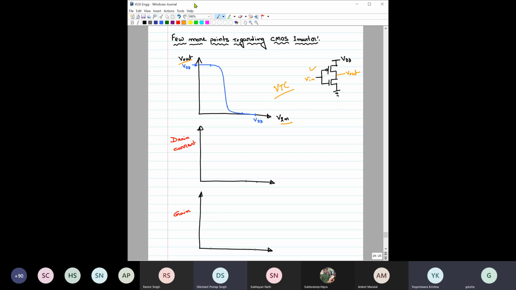Here, this is 0 voltage, this is the threshold voltage of NMOS, and this point is VDD minus the threshold voltage of PMOS, and this is VDD. This point is the switching threshold, VT.